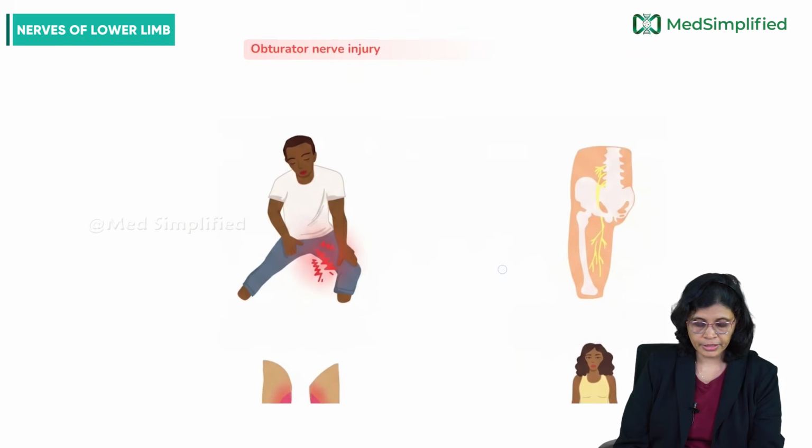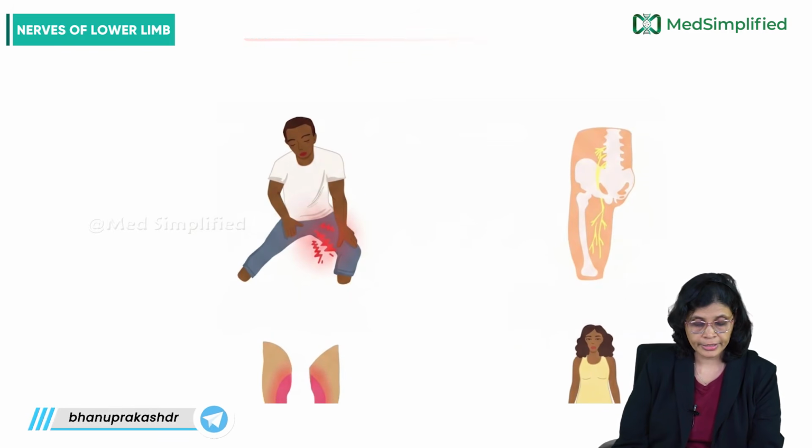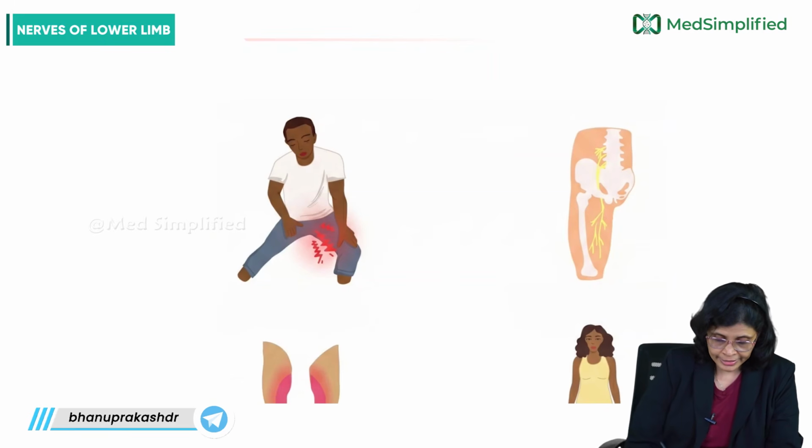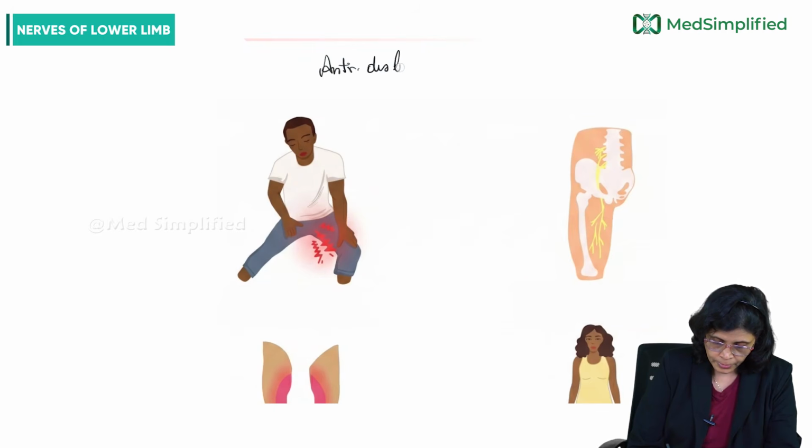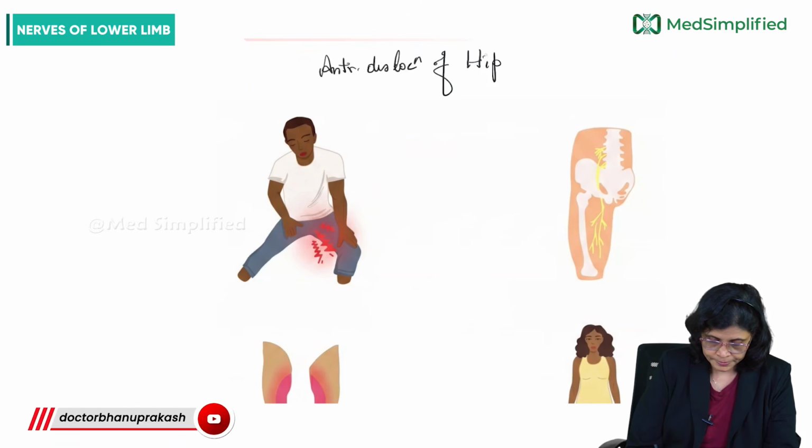So coming to the injuries of the obturator nerve. The obturator nerve is commonly injured in anterior dislocation of the hip joint.